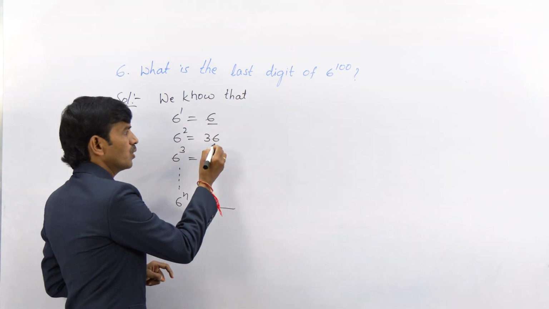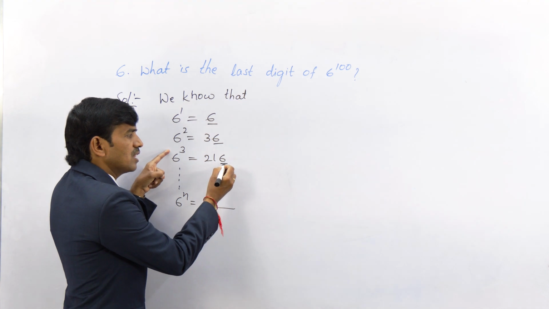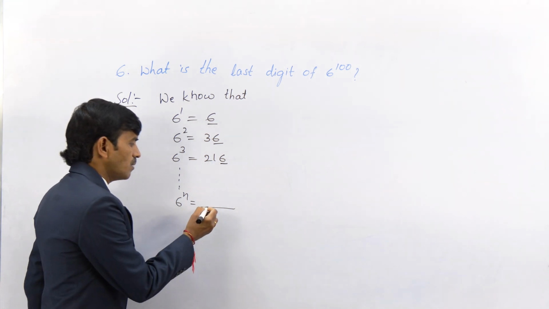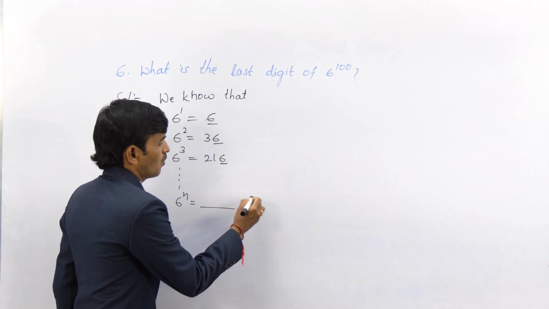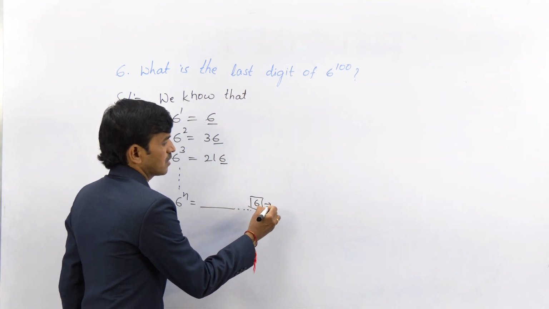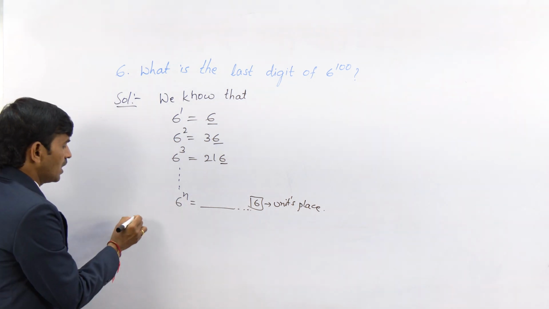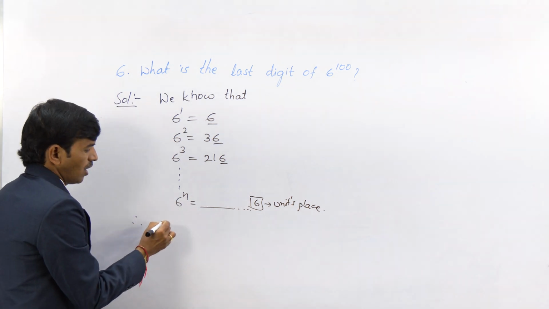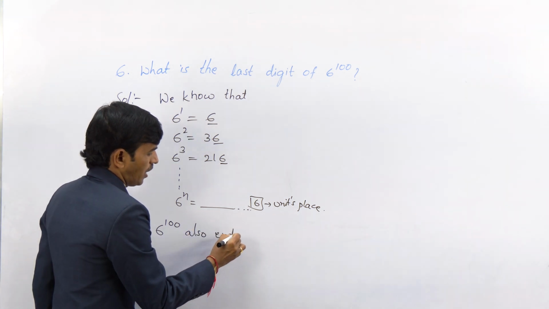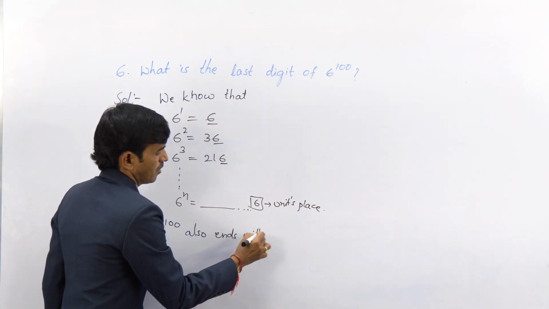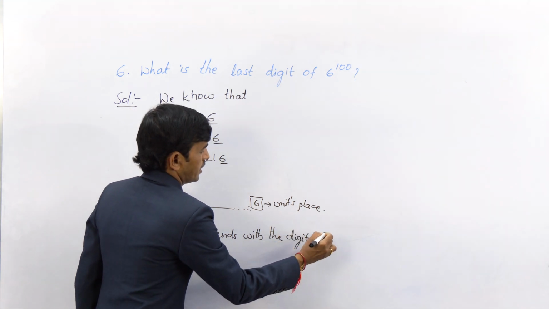When the power is 2 also, the units place is 6. When the power is increased to 3, the units place is also 6. In the same manner, when you take the nth power also, the units place will become 6. So therefore, we can conclude that 6 power 100 also ends with the digit 6.